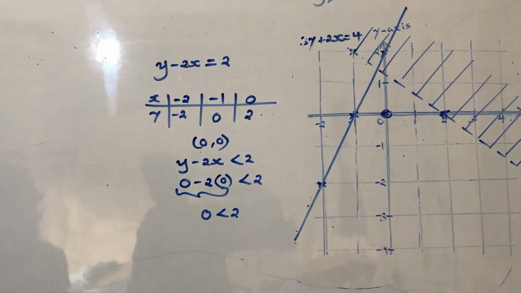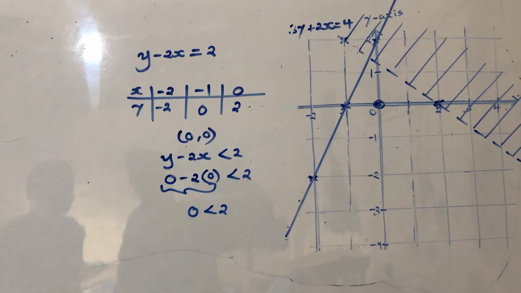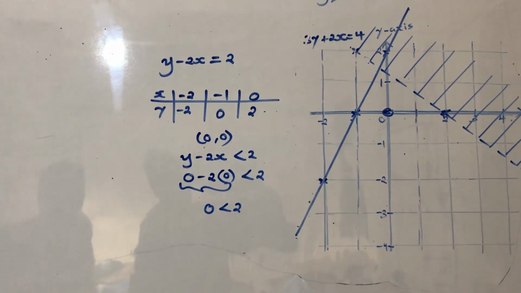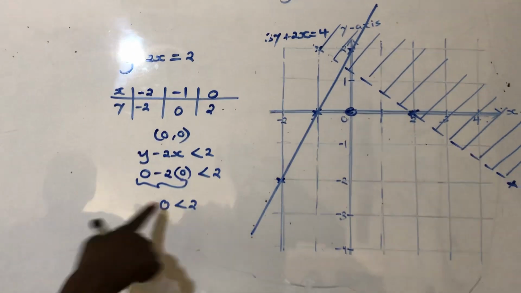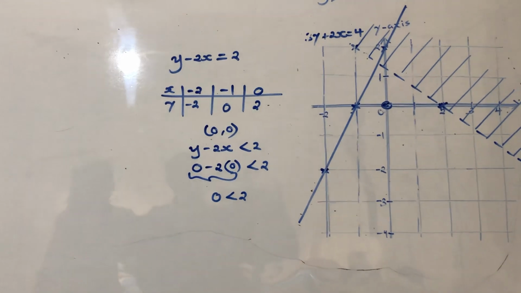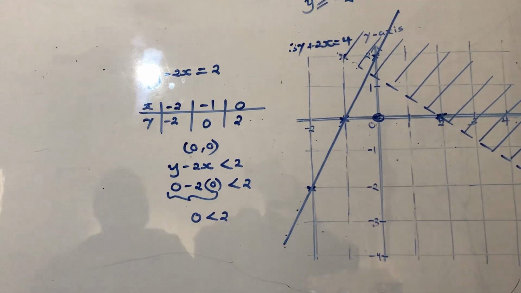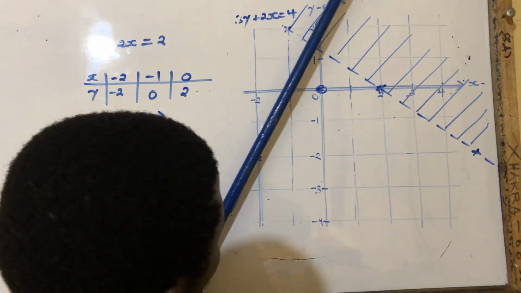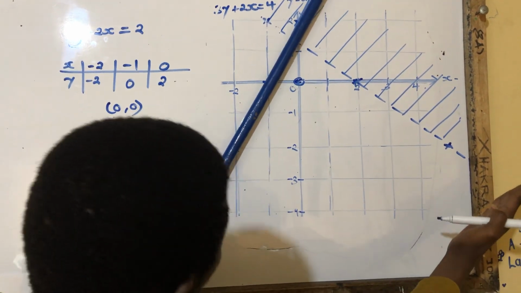It's less than 2. The next question should be, is it true that 0 is less than 2? Or is it mathematically false? The answer is, it is true that 0 is less than 2. If it is true, then that means the region where 0, 0 is coming from, this is our line, the 0, 0 is coming from this other side of the line.